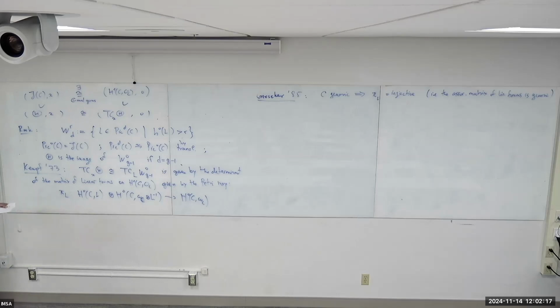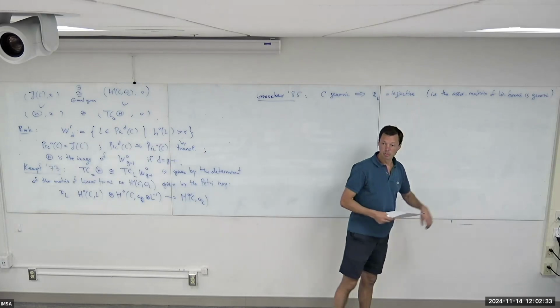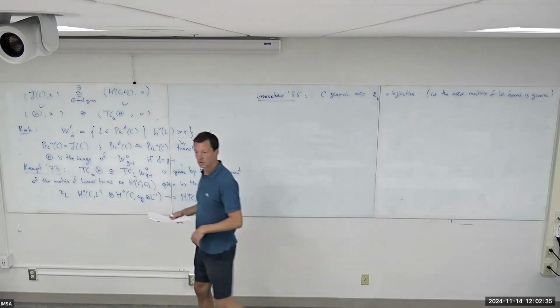I can replace the Theta Divisor with the Brill-Noether loci, but again for a generic curve. And another generalization is that instead of requiring that the curve is generic, I'm just requiring that the Petri map is injective.